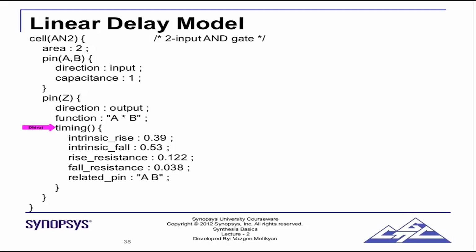The first thing to note here is related pin. Both A and B are mentioned here. That means this timing construct is applicable for both delays, A to Z and B to Z. Intrinsic rise means that there is some delay when Z rises. Intrinsic fall means that there is some delay when Z falls.